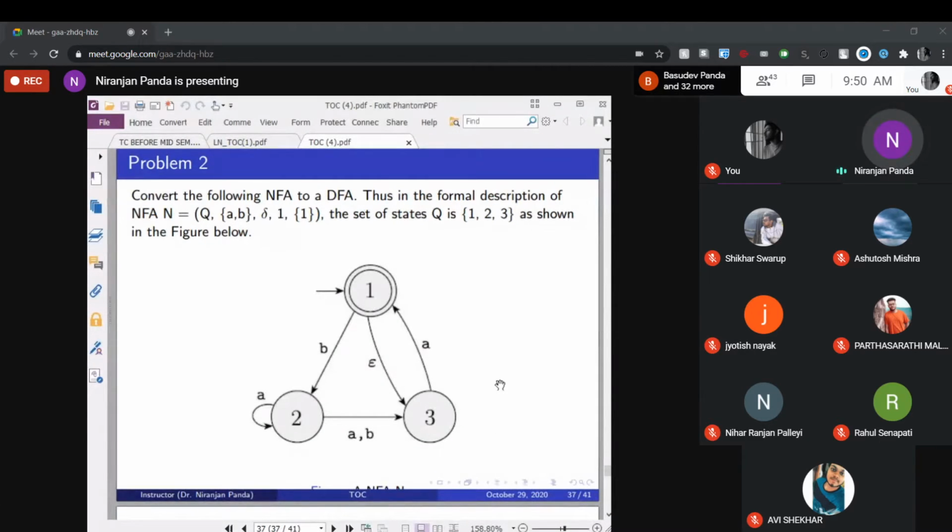Rahul, I am asking you. What is the maximum number of states possible if I convert this NFA into a DFA?